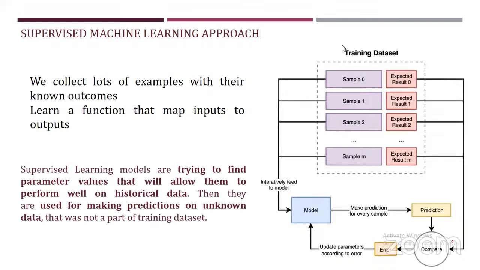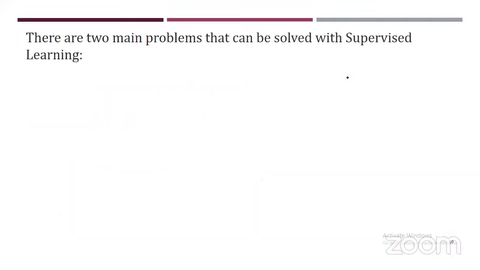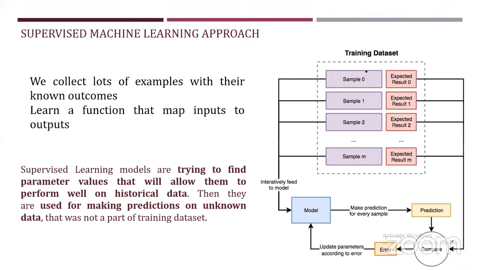Now, in supervised learning, you are going to have your training instances. This whole thing is your training instance, and this is going to be a sample. Here we have m samples, and each sample is represented in terms of some information, some features.